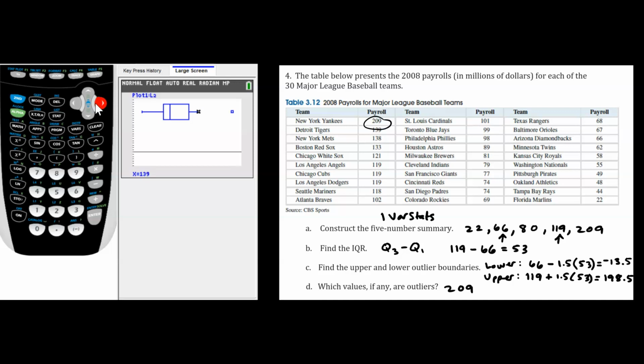And then you arrow over again and we get 139. Now that is not our largest value. That is the largest value before we have any outliers. And then you can see if you arrow over again, we've got that outlier of 209 acknowledged in this box plot. So it's really nice to know that the same formulas that you're using here, your calculator is using to determine outliers.